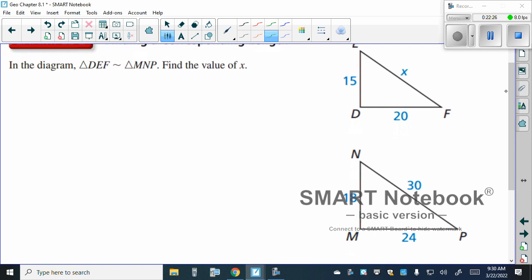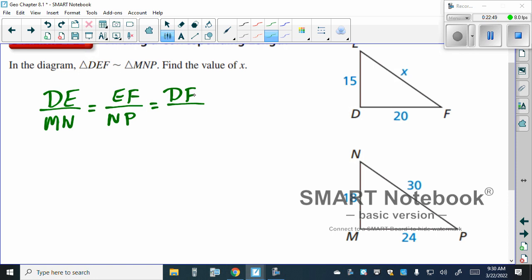So we're saying that DE over MN is going to be equal to EF over NP, which is the same as DF over MP, because we can say that these side lengths are proportional, just like we did in the last one, yes?